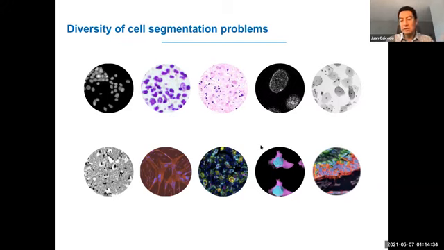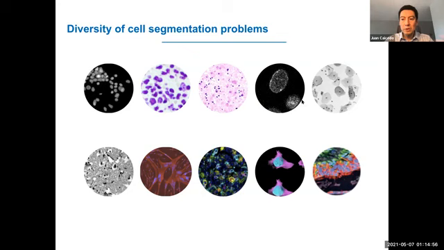And that prevents a lot of progress in labs, because they either stick to the known type of image protocol and segmentation algorithm, or if they change anything, they have to spend more time and energy into segmenting those images.